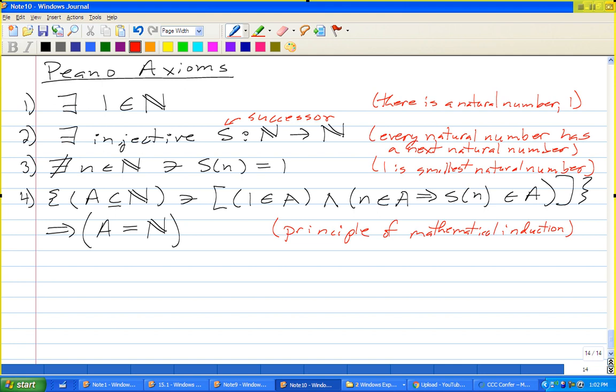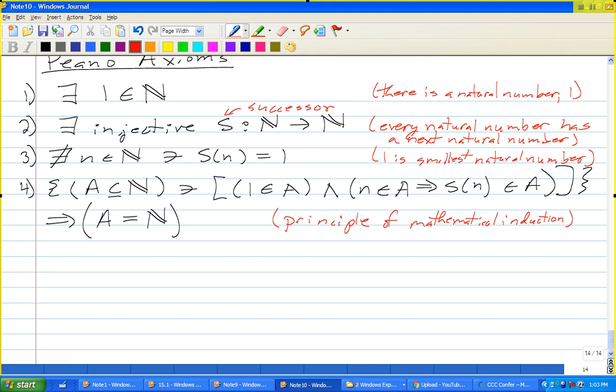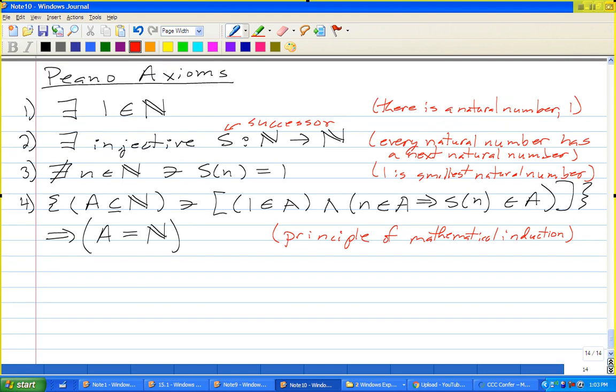It's not that difficult to show, but we'll just assume that I can give recursive definitions. So I have numbers, right? But I haven't told you what to do with these numbers.